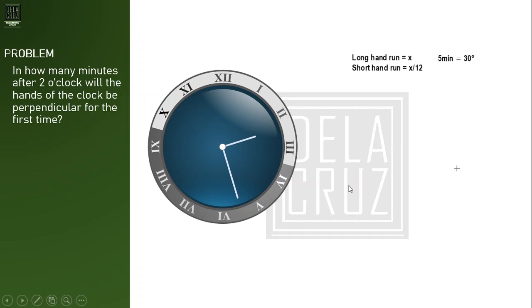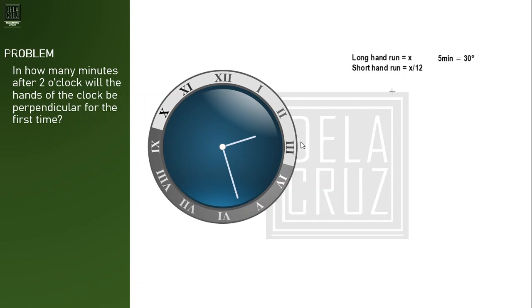Ganyan. So, ang technique natin dito is to construct an equation that will come up to the angle between the short hand and the long hand. So, ano yung ibig sabihin niyan?